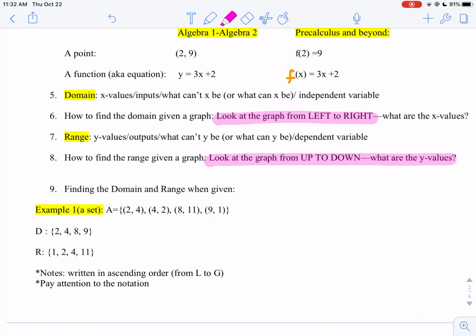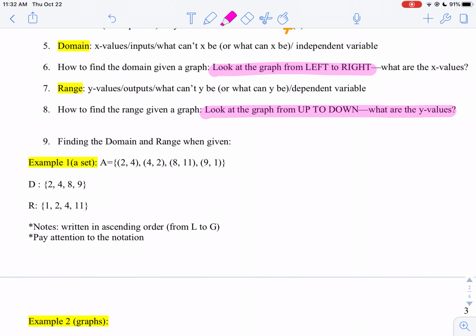All right, so here we're going to do some examples on how to find the domain and range of some functions. Here you have a function given to you as a relation in set notation. And so here you have the points (2,4), (4,2), (8,1), (9,1). The domain is, again, just the x values.